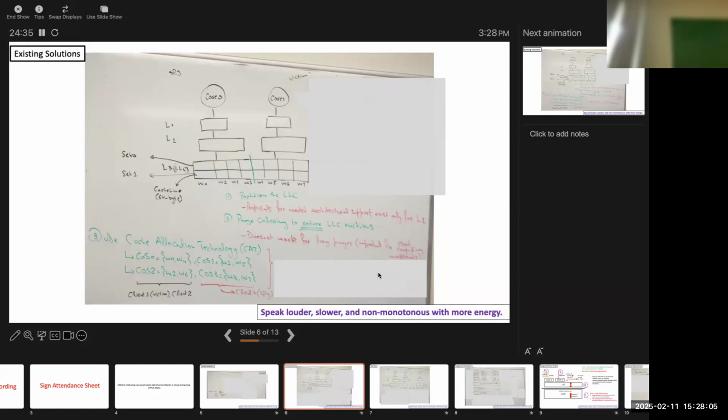At the time they published this paper, there was architectural support available for partitioning, but only for the L1 cache. There was no architectural support available for partitioning the LLC. If there is such support, then yes, partitioning would still work for the LLC. But it couldn't work at that time.